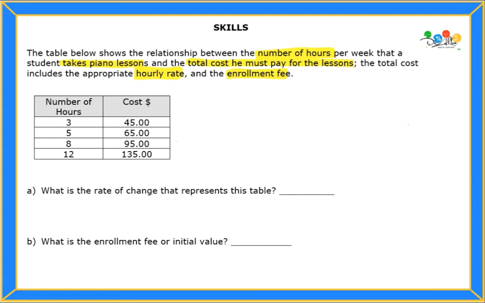Next, we are gonna look at the question. So the question is asking me to find the rate of change. Rate of change means I need to find the slope, which is m. I can also think about finding the change of the y over change of the x. Whichever one you want to choose, it will be correct.